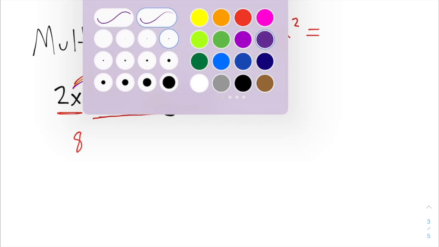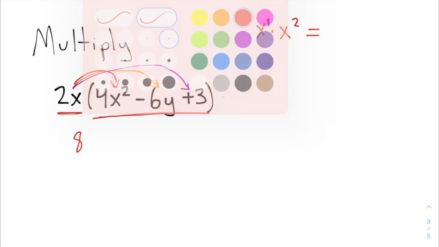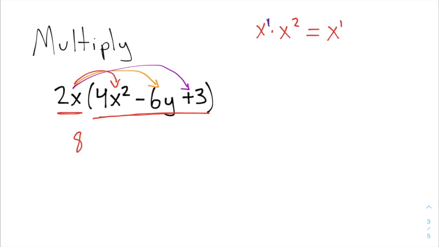If there is no exponent, you can think of there being an invisible 1. So this is going to become x to the 1 plus 2, which is x to the 3rd. So here we have 8x to the 3rd.